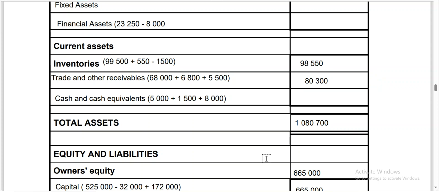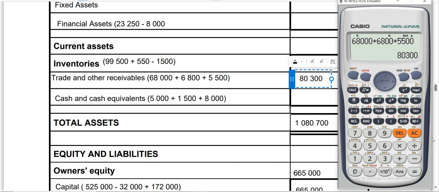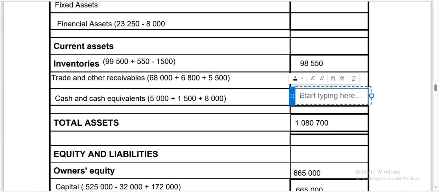And then for our cash and cash equivalents, we're going to say 5,000 plus 1.5, and then plus 8,000. It is giving us 14,500. So that 14,500 will come here, and then from there we're going to get the total of all our current assets.